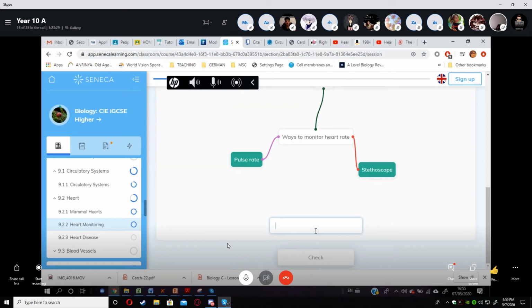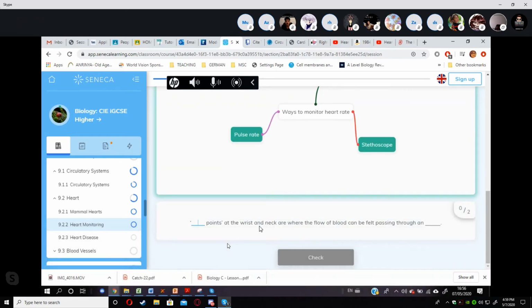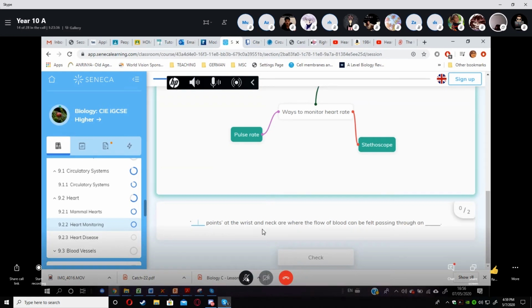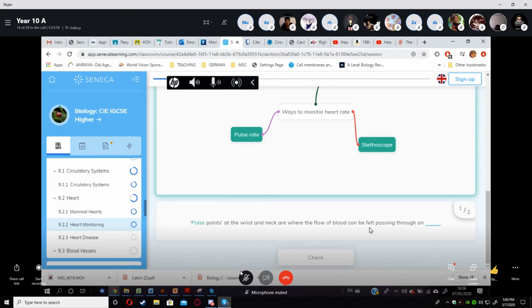ECG, or electrocardiogram. Very good. Pulse points at the wrist and neck are where the flow of blood can be felt passing through, and what does it pass through? Arteries. Very good.